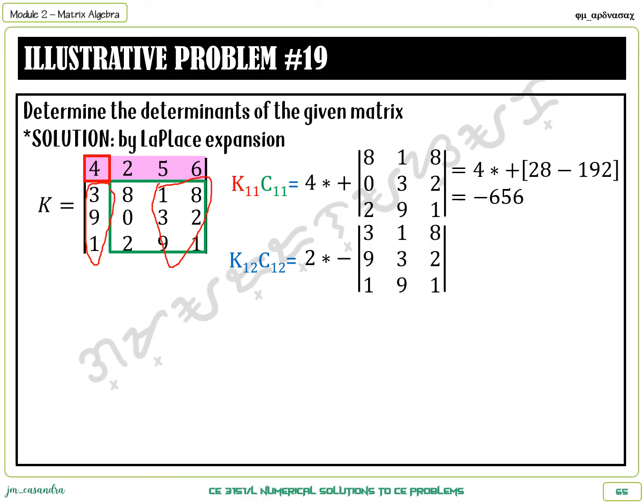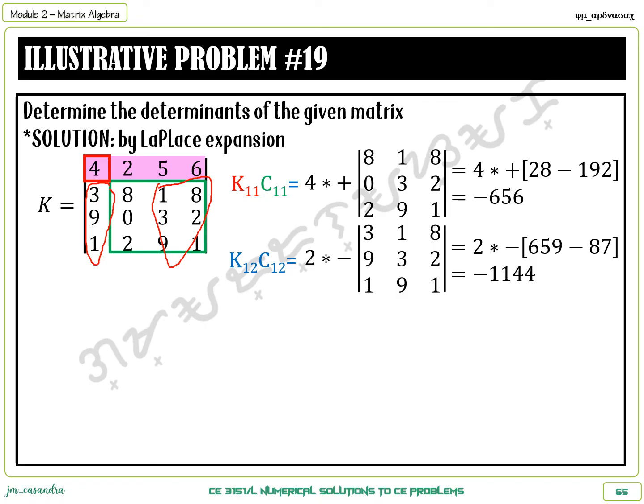So solving this now by Sarrus rule, we'll now have 2 times negative 659 minus 85 times 2, where that is equal to negative 1144.